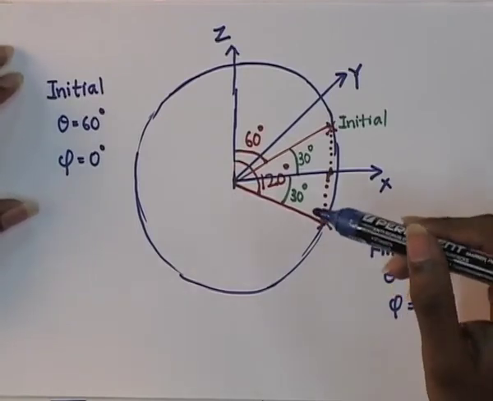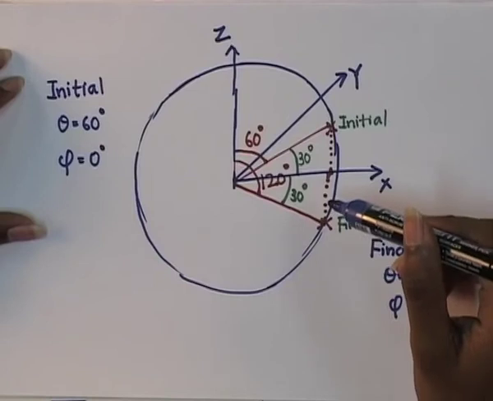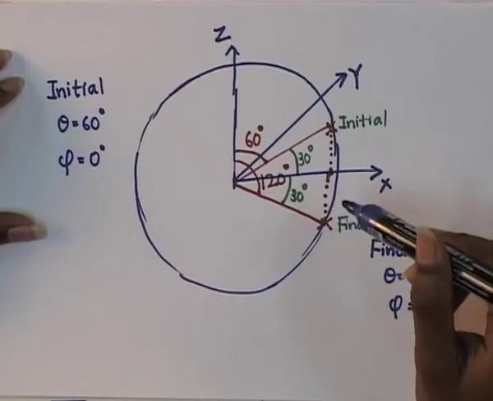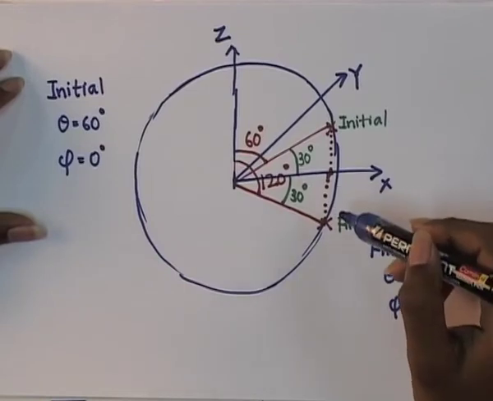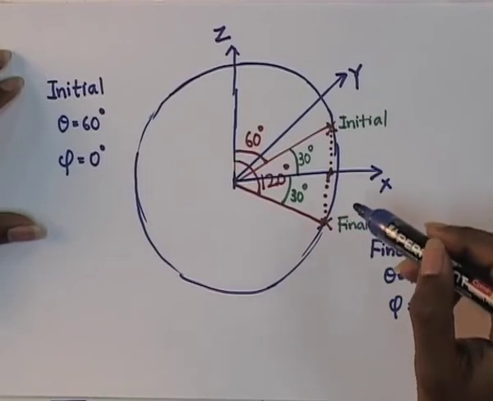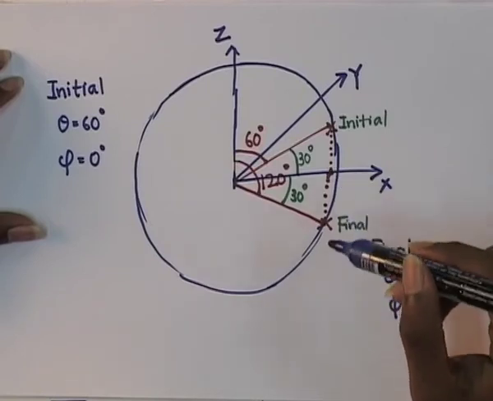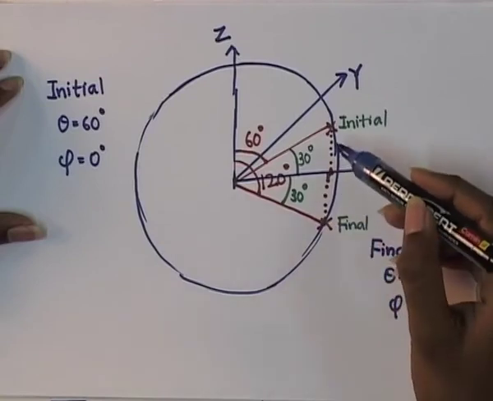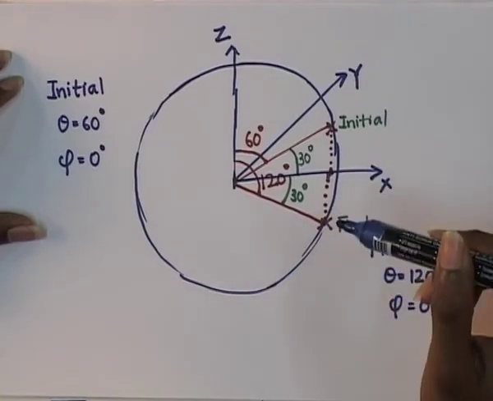So option A is incorrect, as well as B. And option C says that we obtain the final state after rotating 180 degrees about y axis, which is also incorrect. We obtain the final state after rotating the initial state by 180 degrees about x axis.